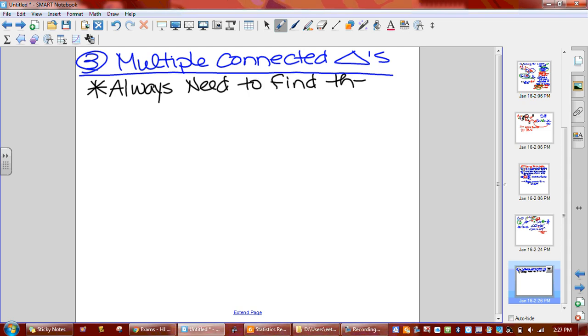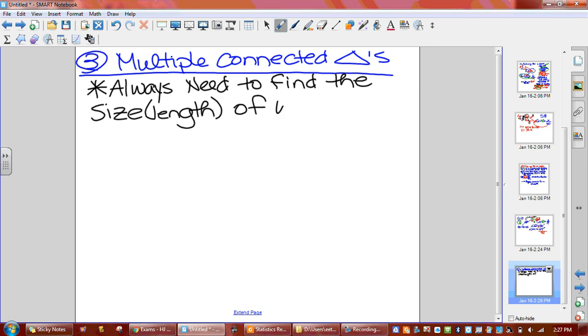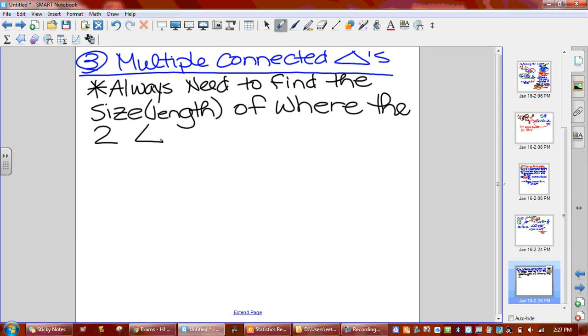So we need to find the size of where the two triangles are connected. And that helps you solve the rest of the question. So that's what we always need to do. So let's take a look at an example.